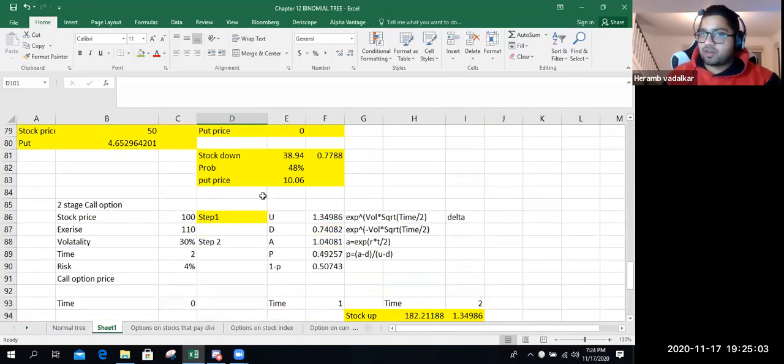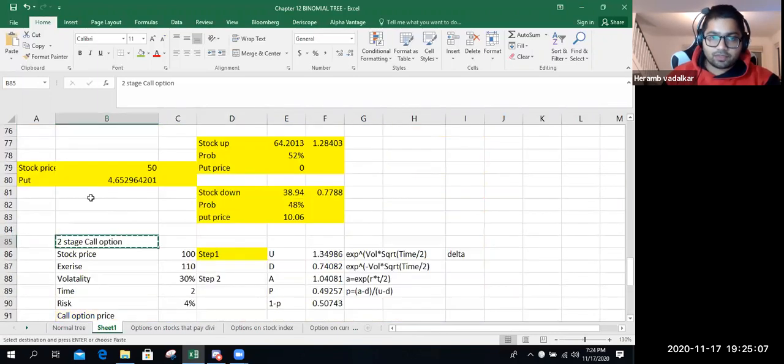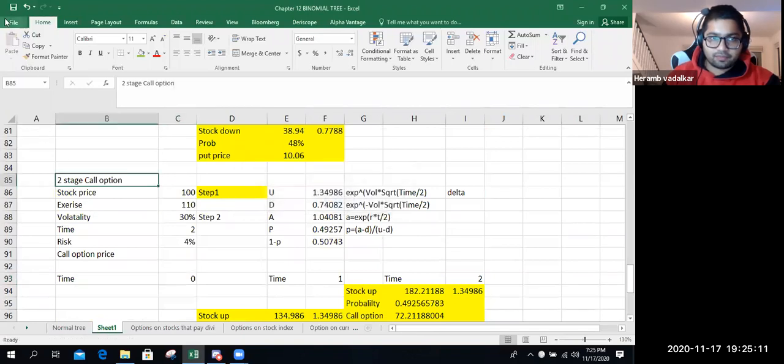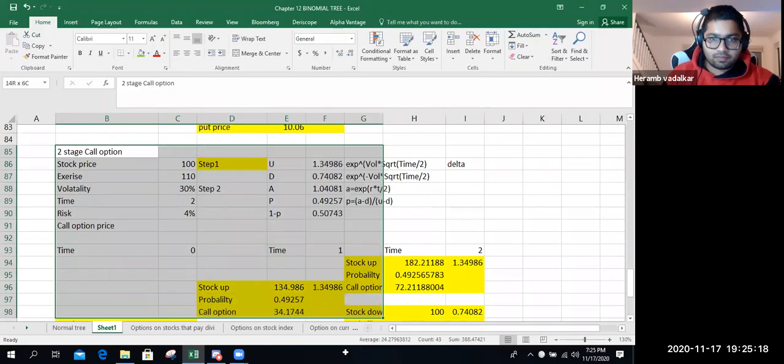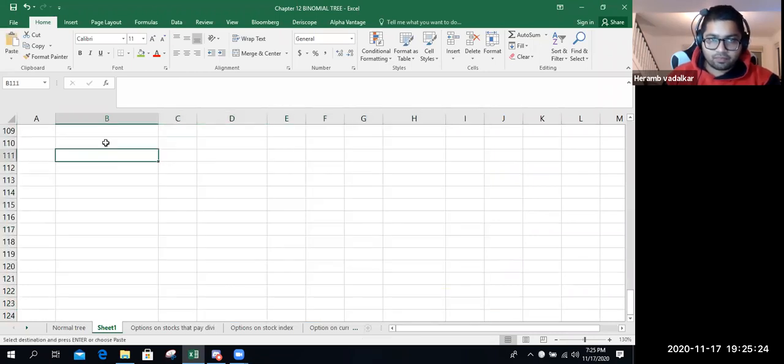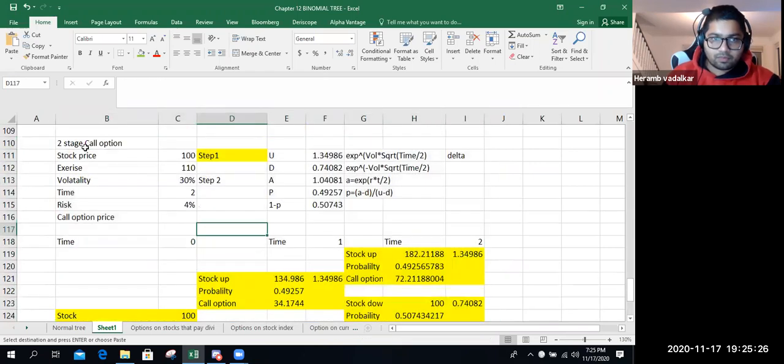So let's do it for a 2-stage put option now. So I'll just copy this, change. Okay, so let me copy the whole format. We are doing two-stage put option now.